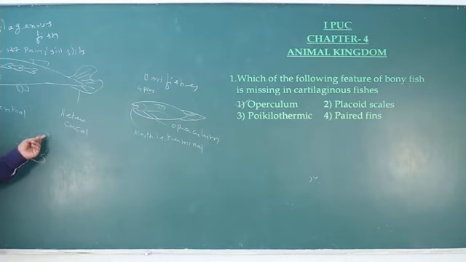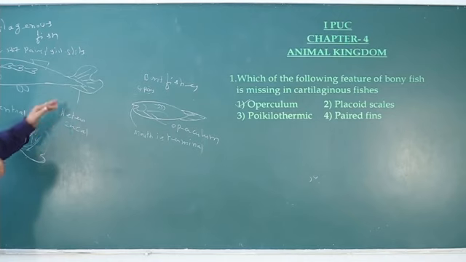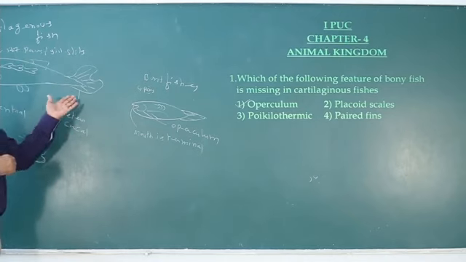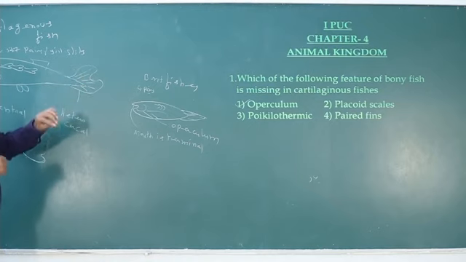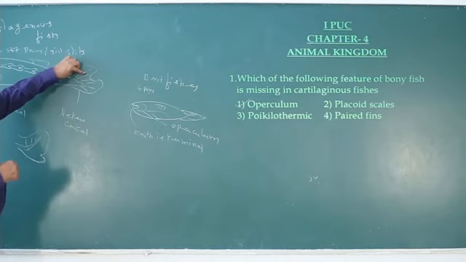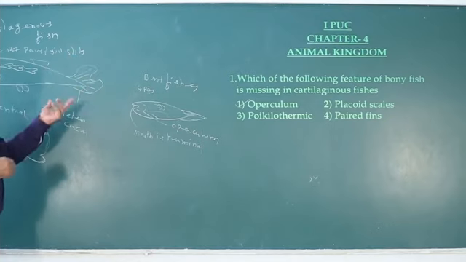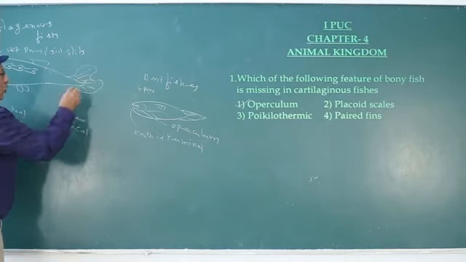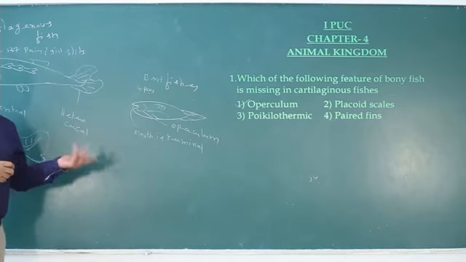Generally, the dorsal lobe is bigger than ventral lobe. Here the concept is vertebral column extends into the bigger lobe. So in cartilaginous fishes, heterocercal caudal fin is present. 2 lobes. Caudal fin means fin present at the end of the tail. Dorsal lobe is bigger than ventral lobe. So vertebral column extends into dorsal lobe.